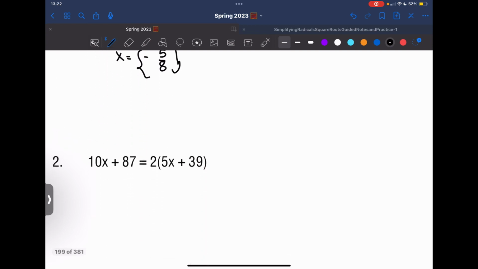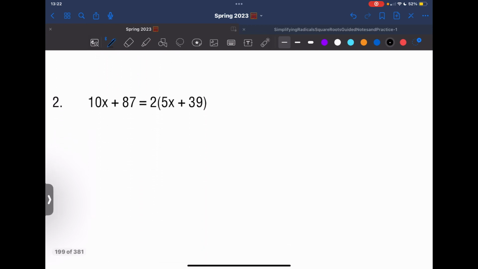Number 2, we're going to distribute on the right-hand side. Then you're going to subtract to solve for x.